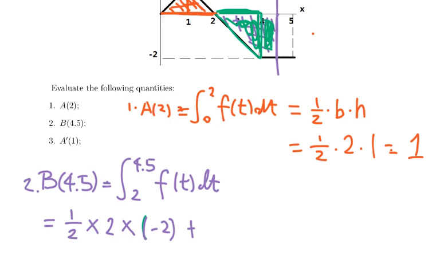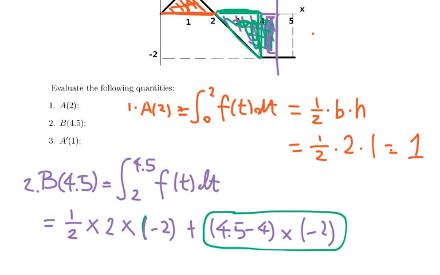And then plus the area of this rectangle, and we can see the base is 4.5 minus 4 times the height. We have a negative height, and that is -2. And here actually we used the area for the rectangle, which is given by base times height.